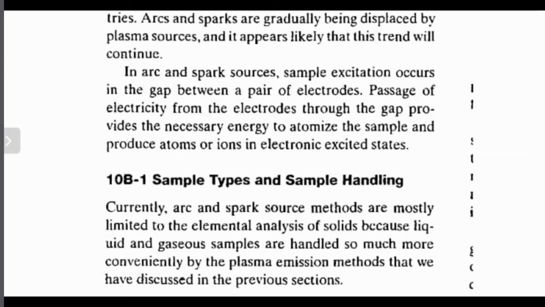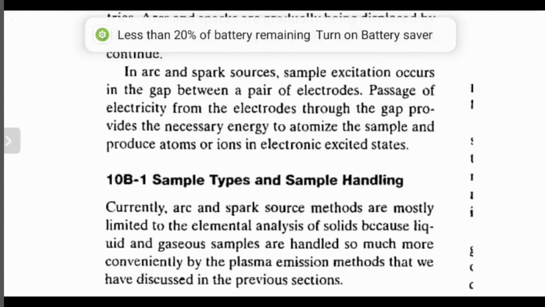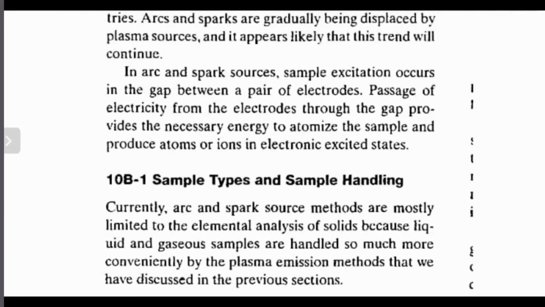So for generation of an emission spectrum, the first thing is atomization of the given sample, which can be done by using very high voltage or very high temperature that is generated once the ions are formed due to the electric arc. Once that atomization is done, then ionization takes place, and the last thing is that the emission spectrum will be recorded once that excited ion is de-excited into its ground state.